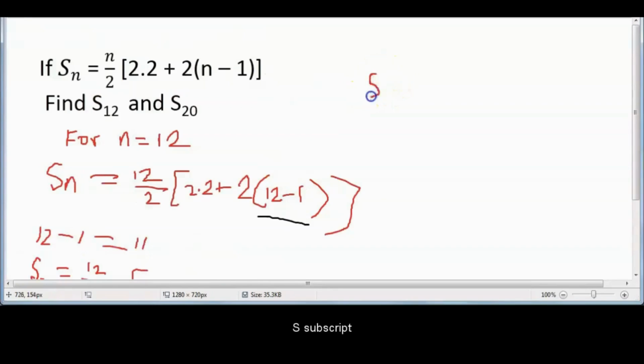S subscript n is equal to 12 over 2, parenthesis, 2.2 plus 22.